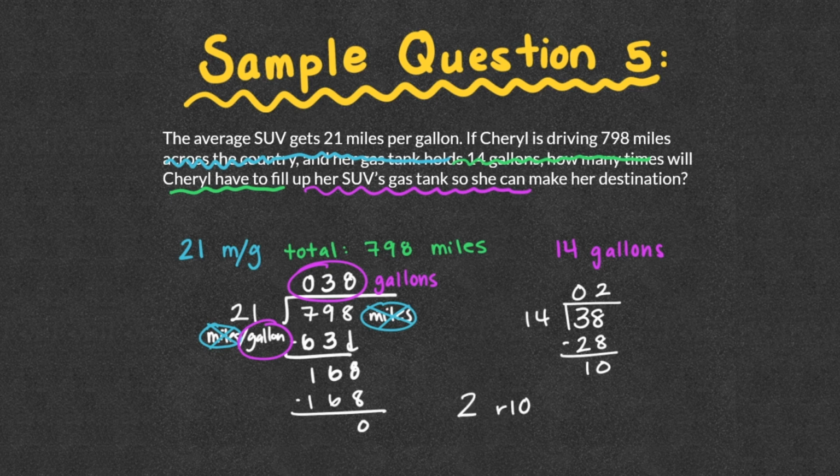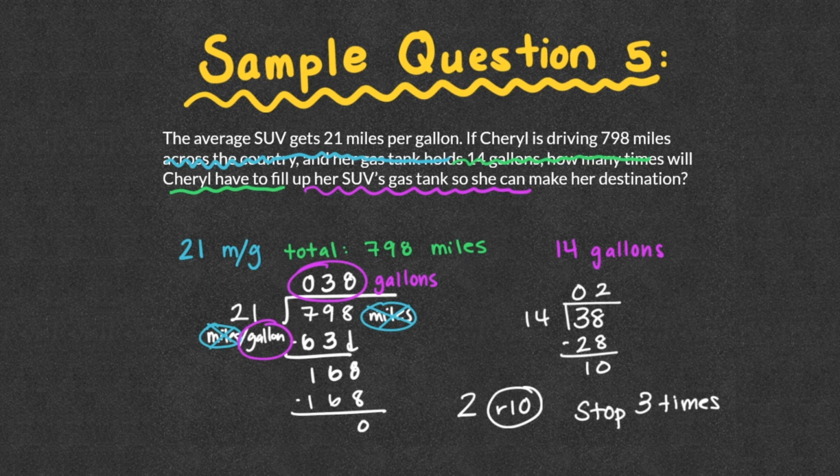Now, remember, those 10 gallons are not going to be able to come out of nowhere. She does need them. So, in this case, she will have to stop 3 times. So we are going to count that first time she fills up is that first 14. The second time she fills up, that's another 14.